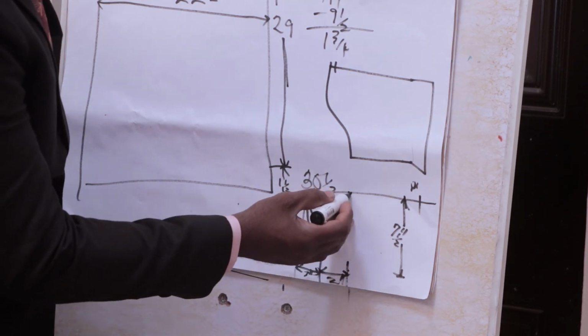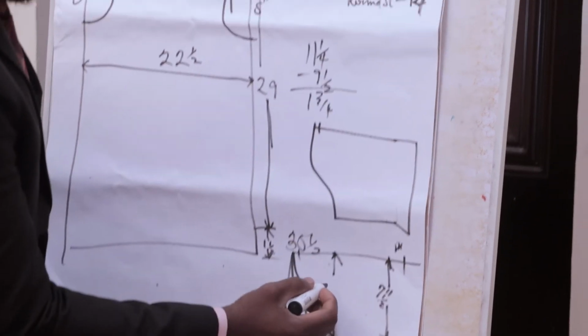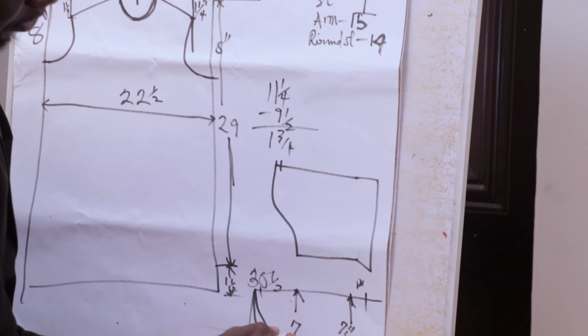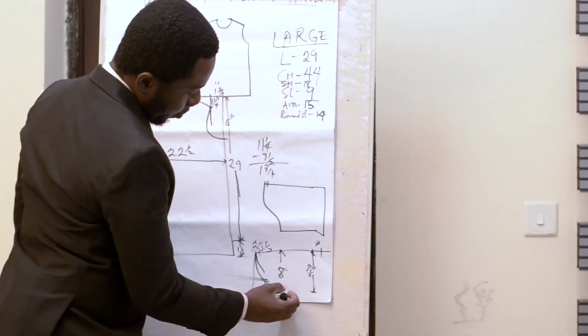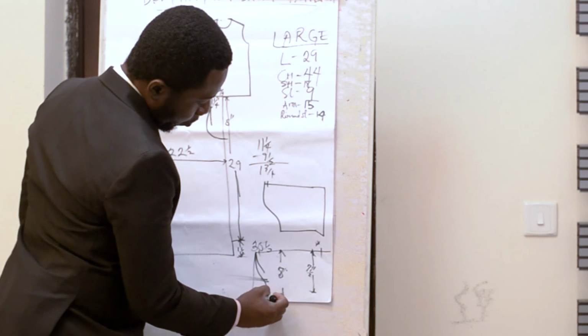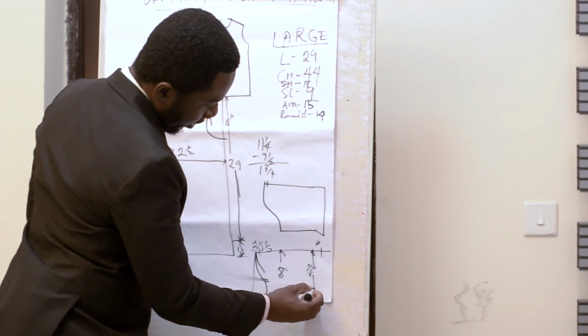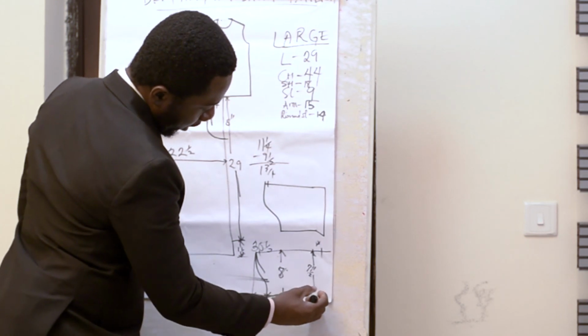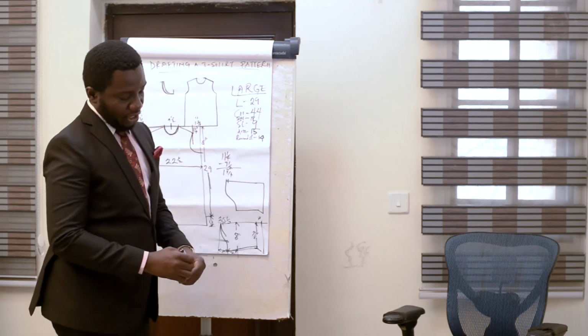That's where you now measure the arm width, which is the 15 inches, which is 7.5. So 7.5 plus another half inch gives you 8 inches. So 8 inches here, you come in to your 8 inches before you now go to the 7 inches. Once you do that, then you put your folding shape there.